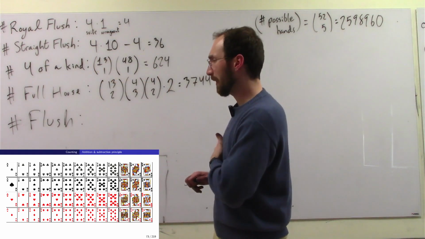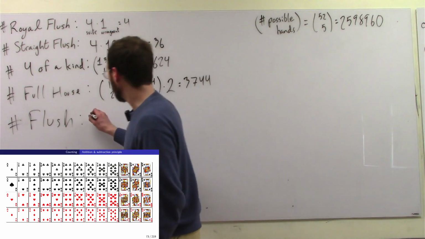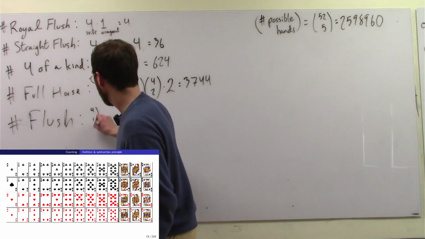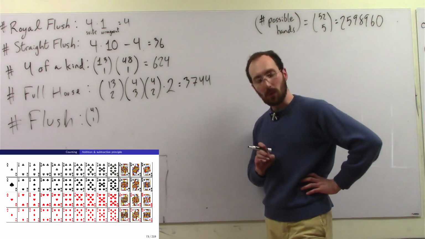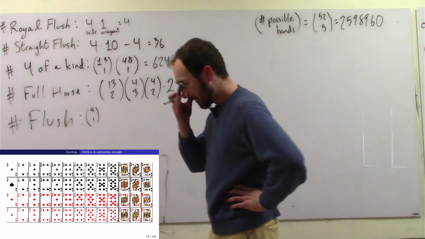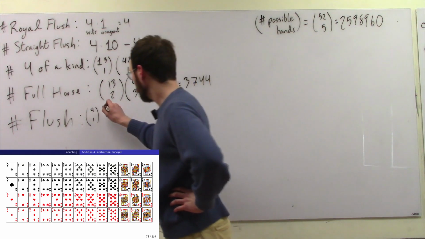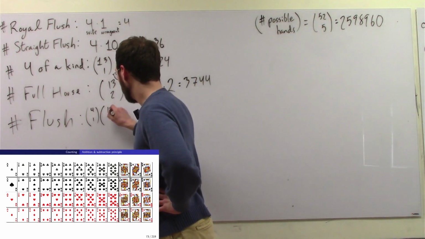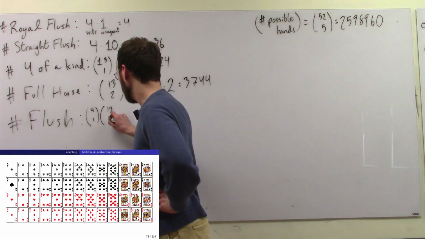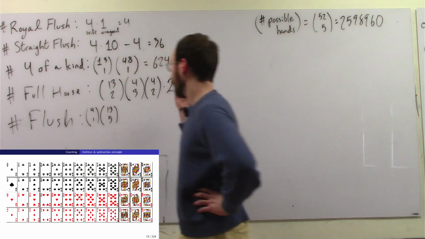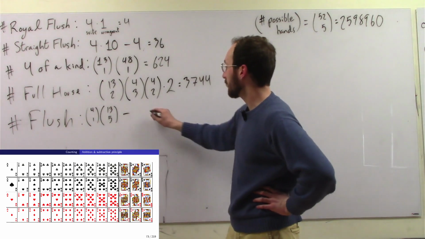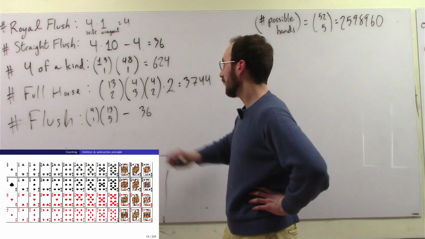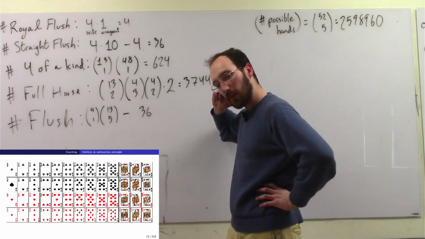So how are we going to do that? Well, let's choose our suit. Okay, there's 4 choose 1 many ways to choose our suit. And from that, I'm going to choose 5 cards. There we go. But I counted my straight flushes, and I don't think I count them multiple times.